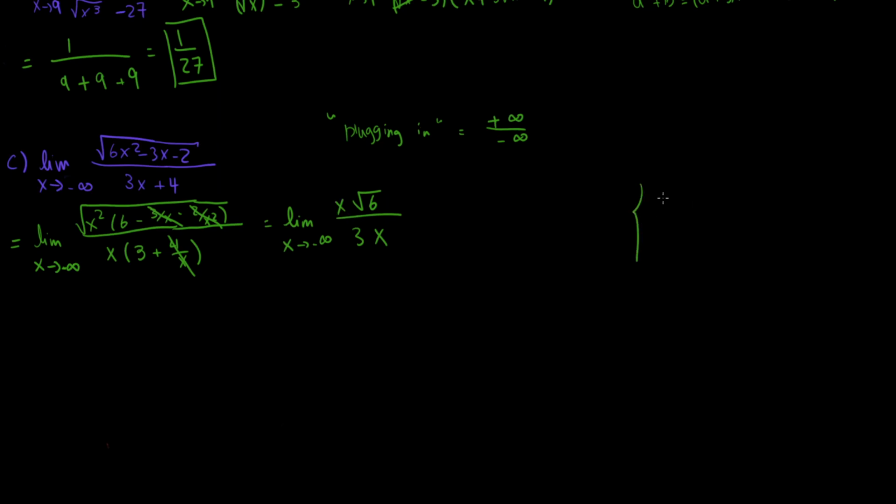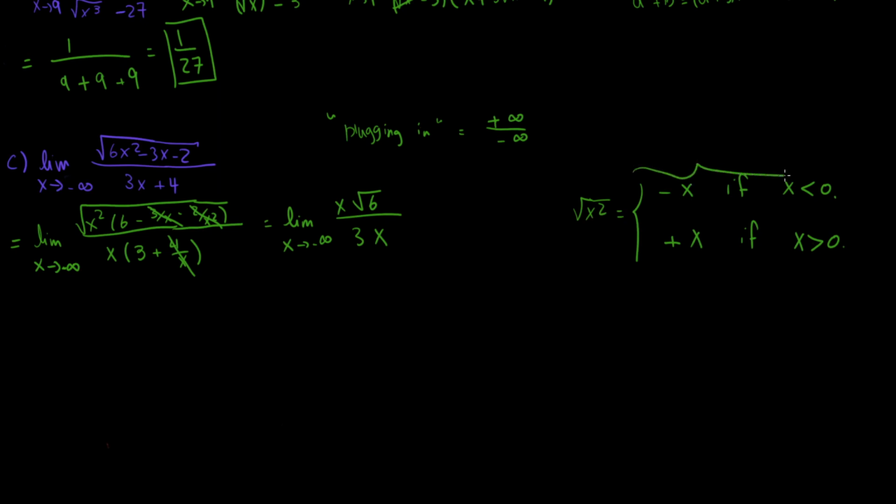It turns out that the square root of x squared is equal to negative x if x is less than 0, and positive x if x is 0 or bigger. So in here, our x actually is negative, so we have to choose negative x.